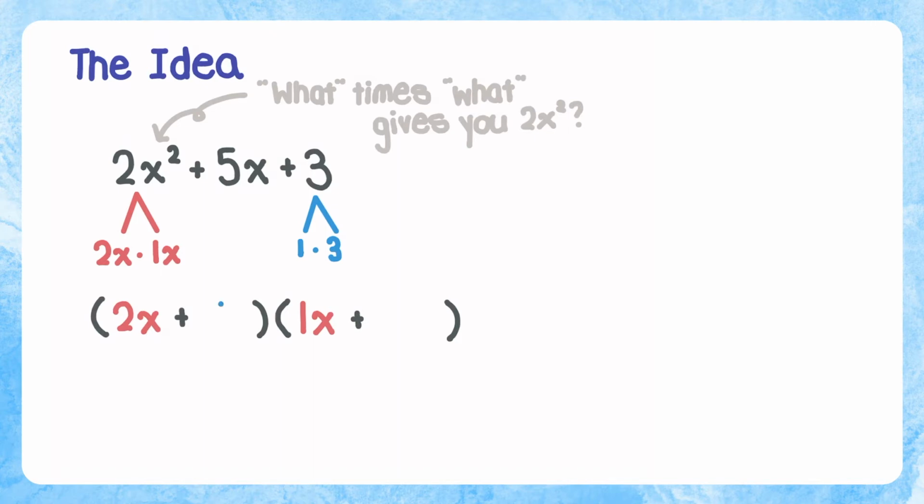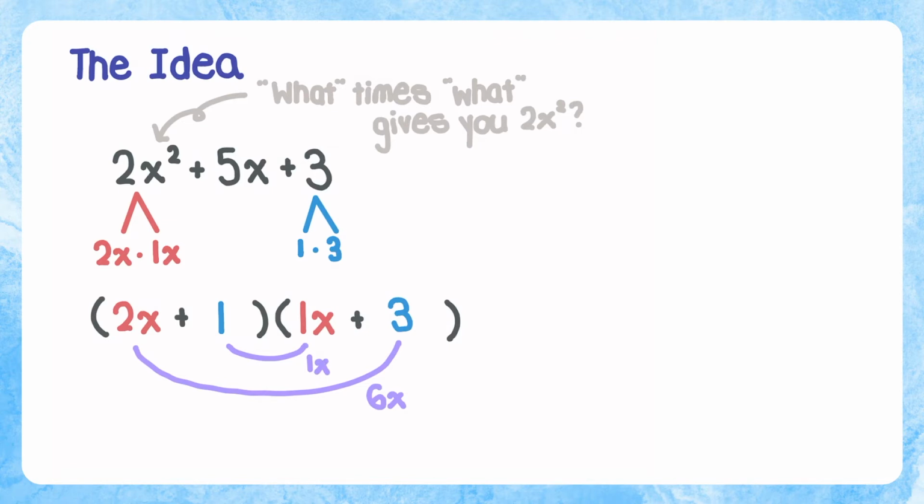So first, why don't I try 2x plus 1 and 1x plus 3? So again, the 1 and the 3 are the factors of that last term up there. So how I can easily check to see whether this works or not is to multiply the two outside terms and the two inside terms together. So 2x times 3 is 6x, and 1 times 1x is 1x.